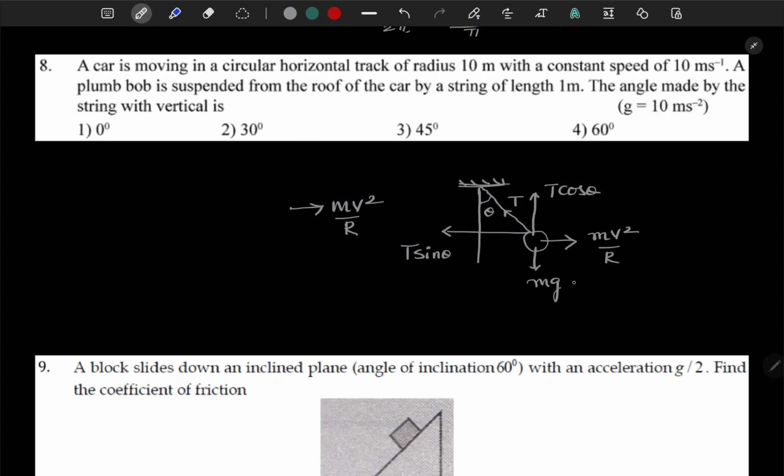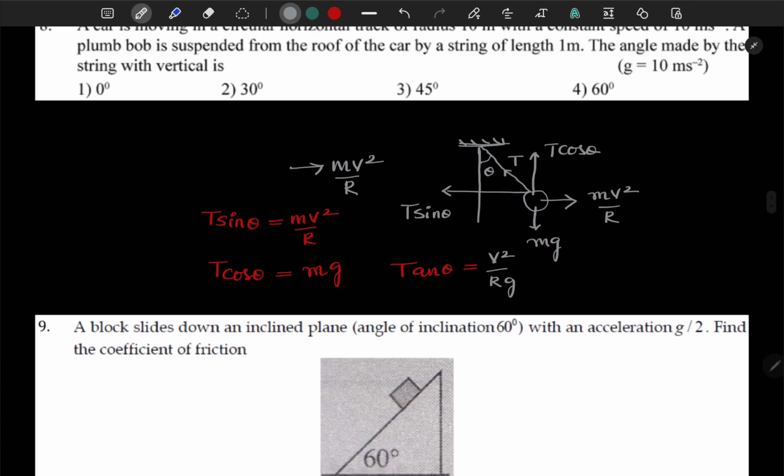This is a very simple and very standard problem. So when you equate this, T sin theta is mv square by r, and T cos theta is mg. When you divide these two, T gets cancelled, and tan theta is equal to mv square by r by mg, which will give you v square by rg.